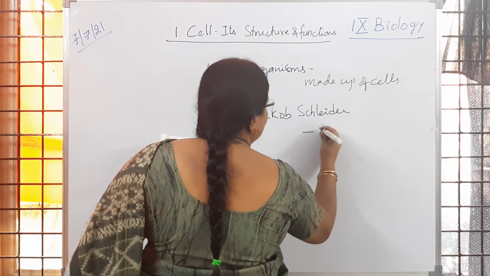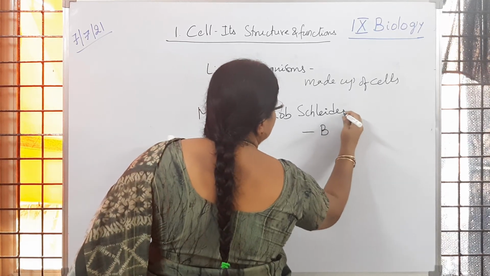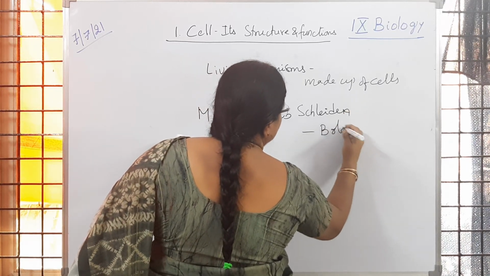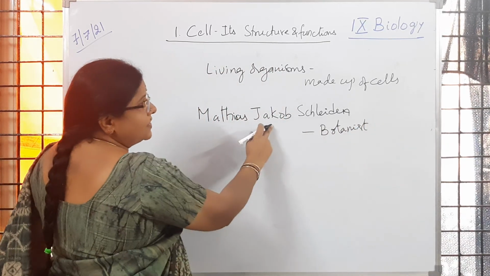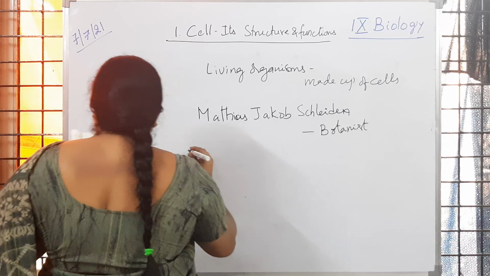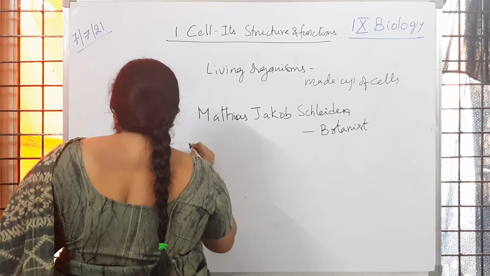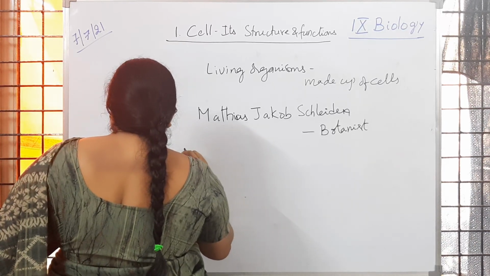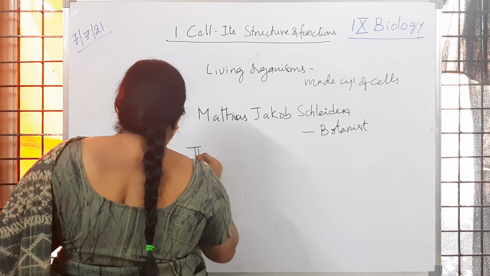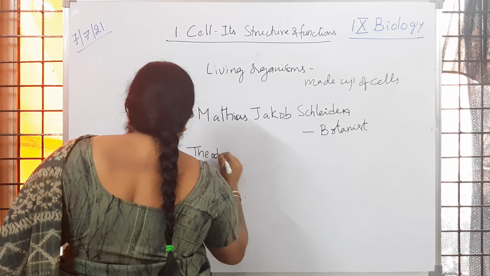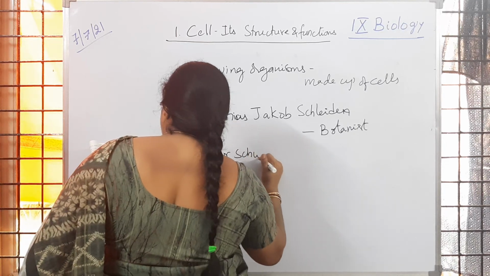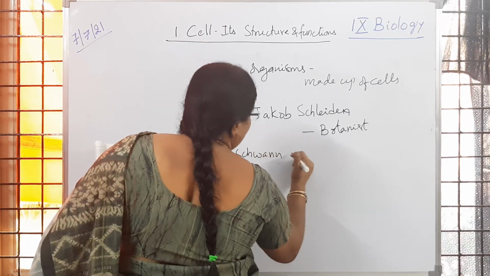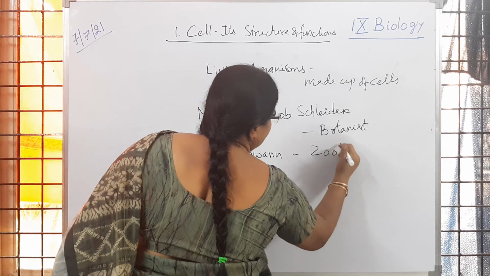So Matthias Jakob Schleiden was a botanist, and another scientist, Theodor Schwann. He was a zoologist.